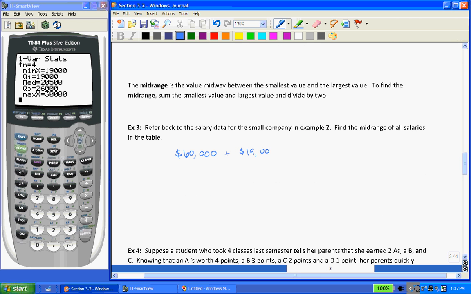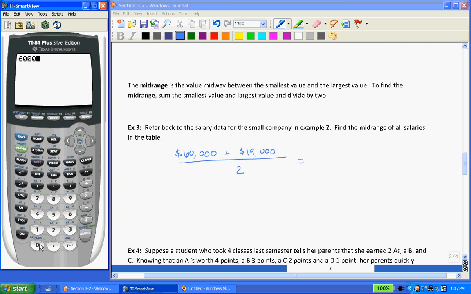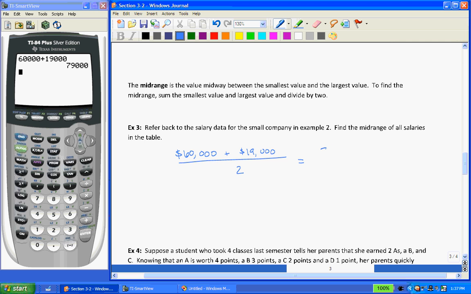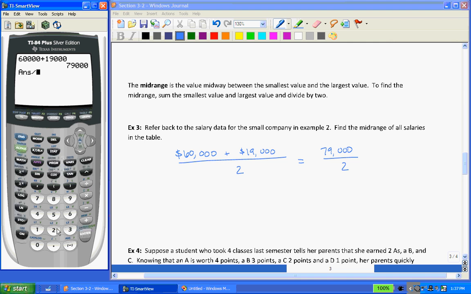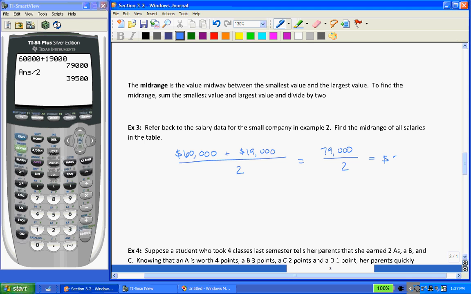So to find the mid-range, I'd add those 2 together and divide by 2. That's a total of 79,000, and we divide by 2. So we get a mid-range of 39,500. That's it for the mid-range.